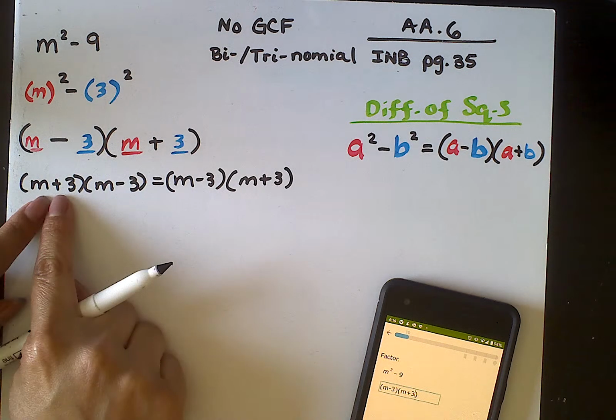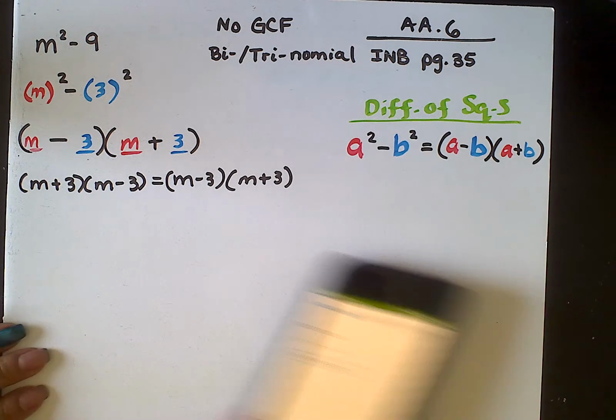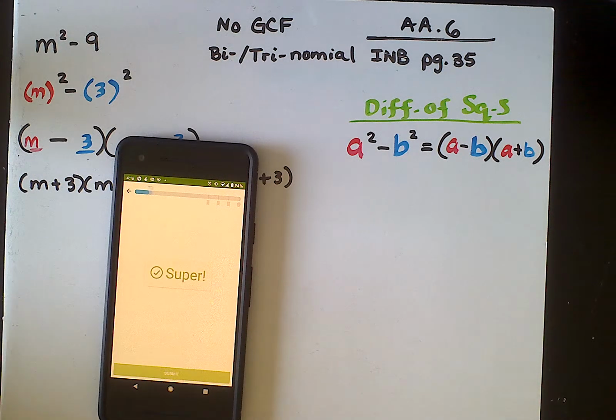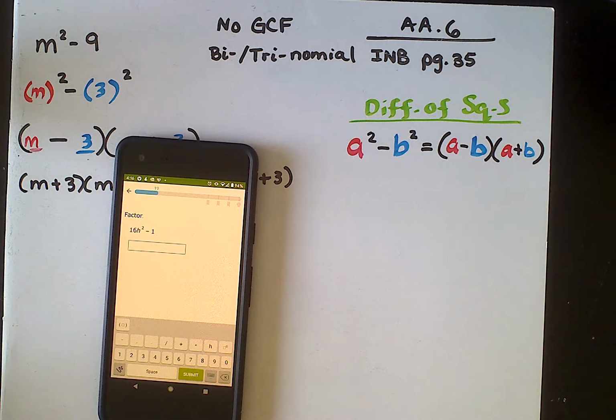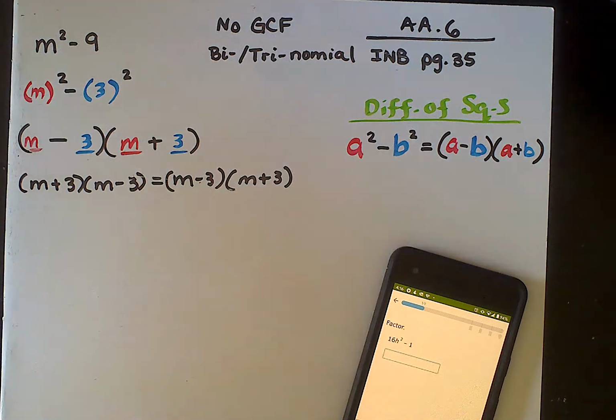It doesn't matter if the plus sign comes first or the negative sign comes first with your difference of squares, okay? It can be interchangeable, same thing, submit. All right, let's go ahead and continue. Oh, looks like we have another nice one here.